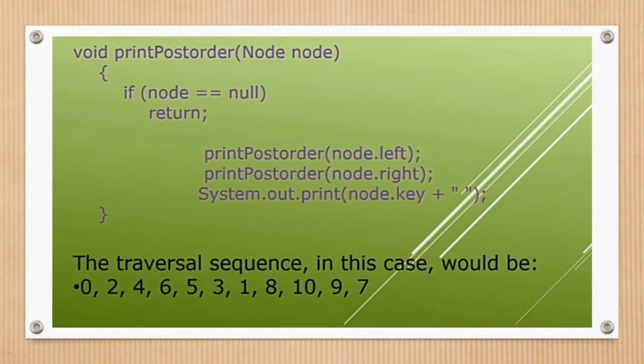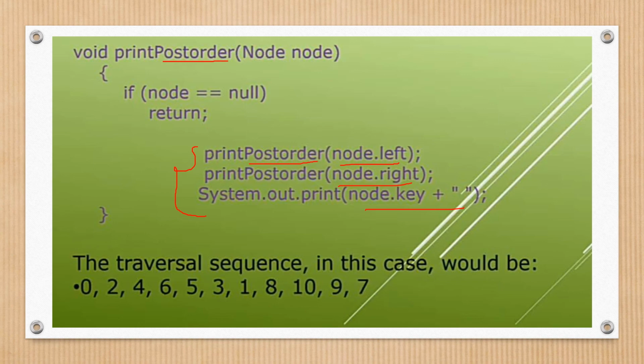Here is the code for post-order. Just change the order of these 3 statements. First, post-order of node.left, next right, after that print the key. If it is null, then return to the function.